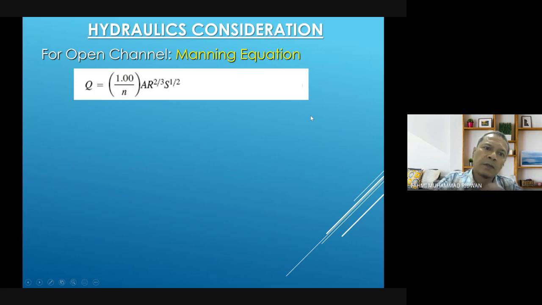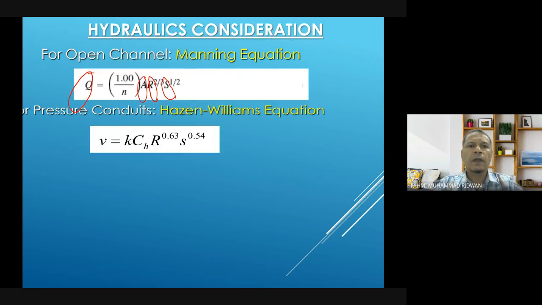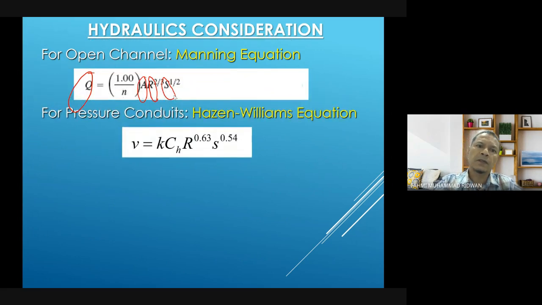So the flow rate is Q here, depending on the surface area of the channel, and also the hydraulic radius R, and also the head loss in the channel over length, S. Similar to the pressure conduit, but in this regard we apply the Hazen-Williams equation.